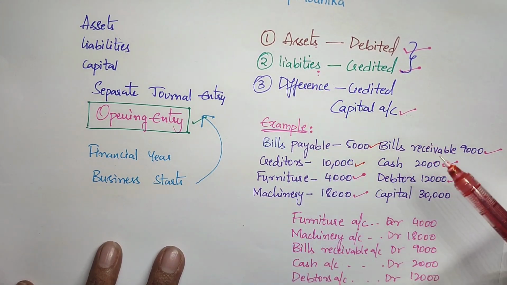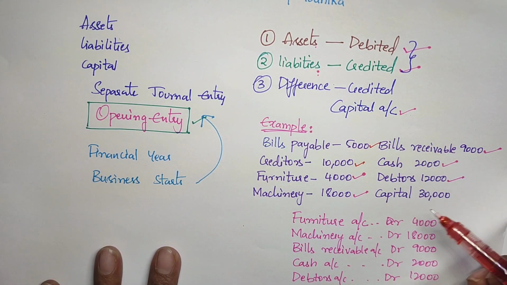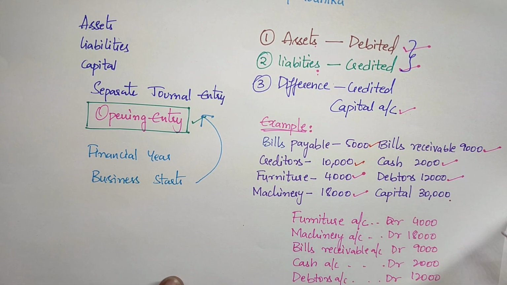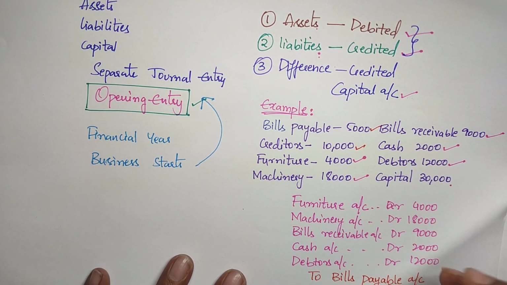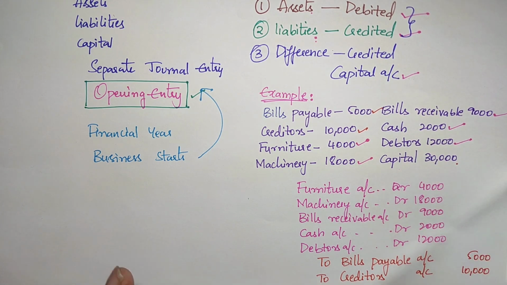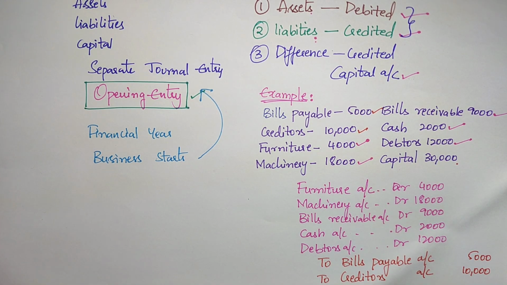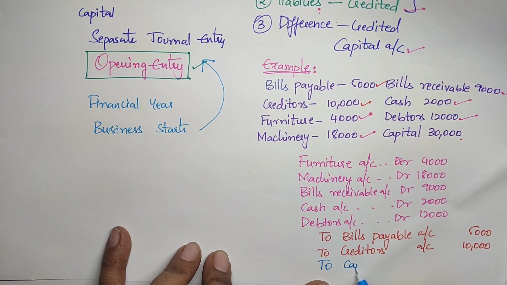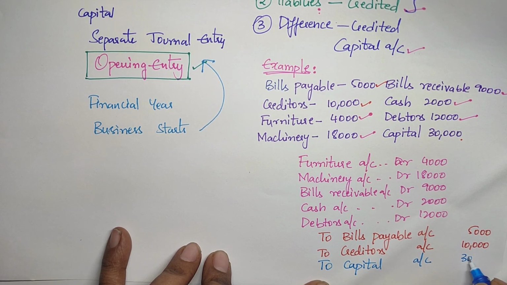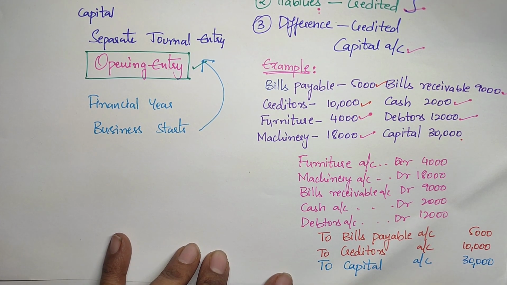So the third is the difference between assets and liabilities should be credited to capital account. But here they have already given capital. So even if you check, the difference between these two will be 30,000. So as they have already given this capital, we can directly take capital. So here you can write to capital account 30,000.